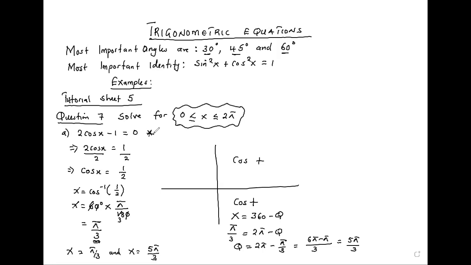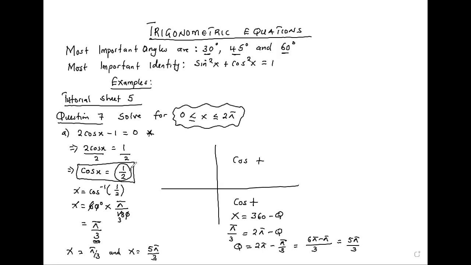So what you're saying is, if the interval is from 0 to 360, 0 to 2 pi, and what we get here is a positive value, half is a positive value, we go to the quadrants where cos is positive, and look for the angle that gives us half.